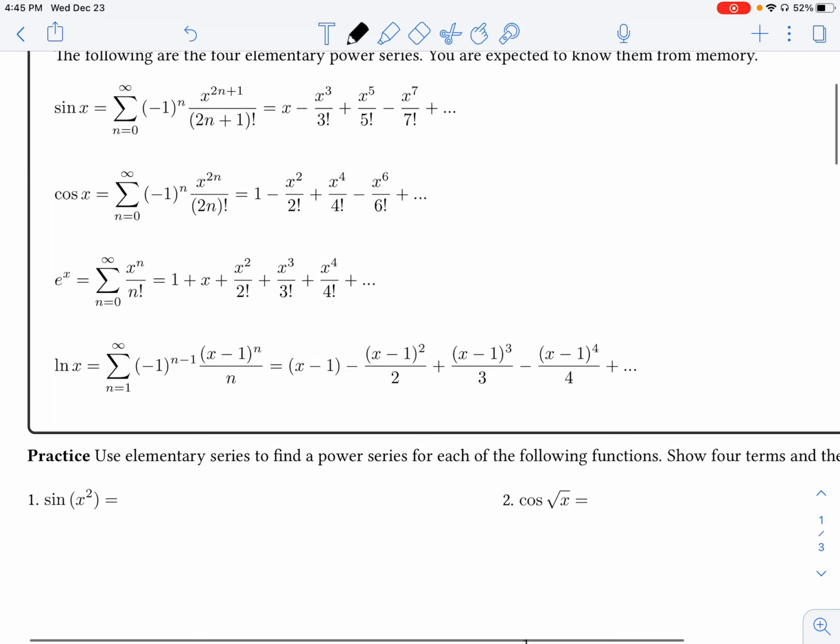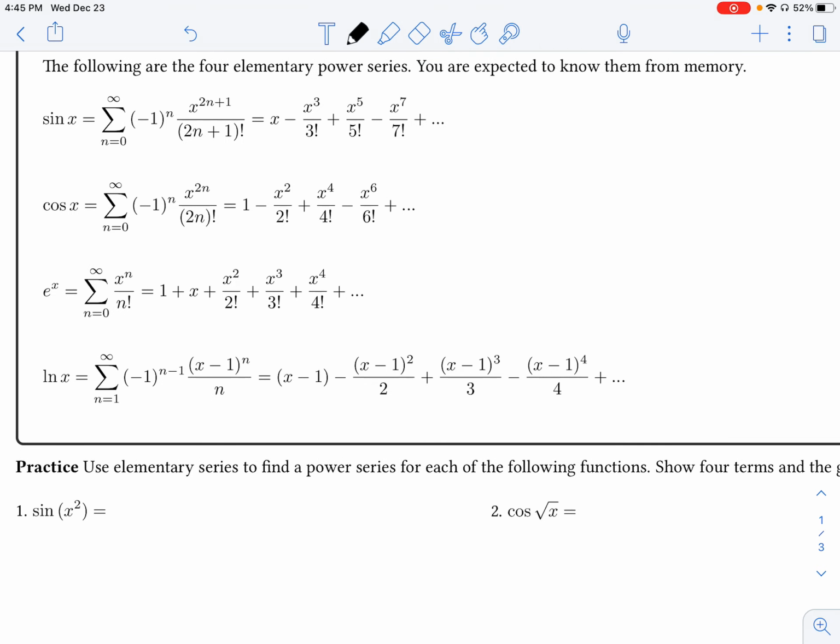All right, so let's do a really basic example of how we can use these elementary power series to write the power series for the functions that we see below, starting with sine of x squared. We see that the sine of x squared is really just the elementary sine series, where what we're plugging in or inputting into our function is x squared.